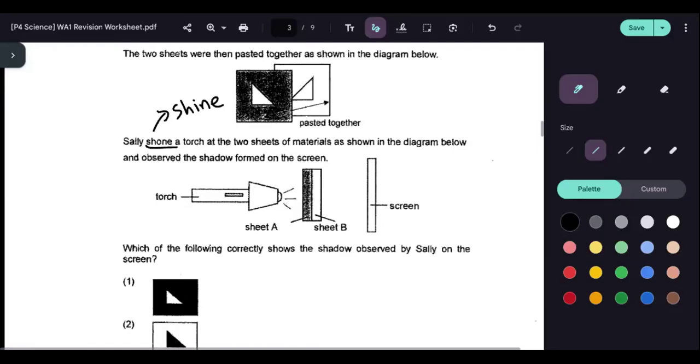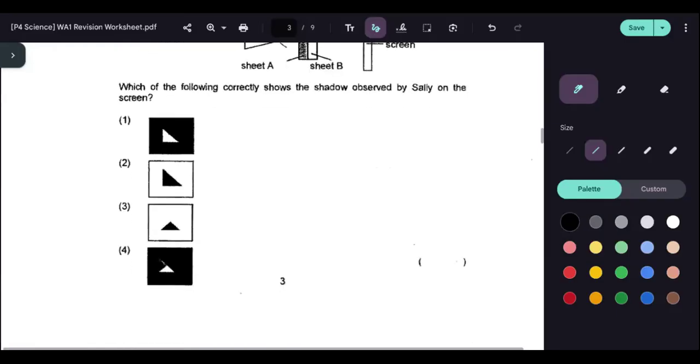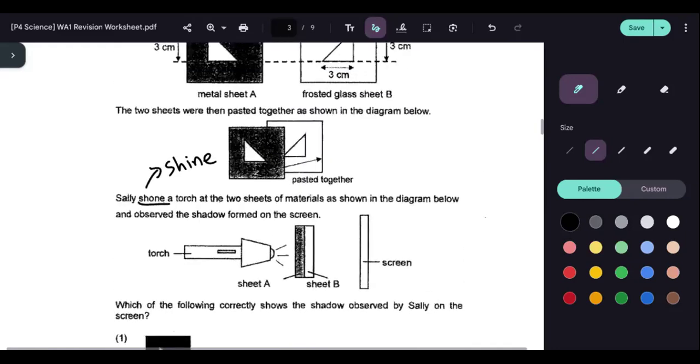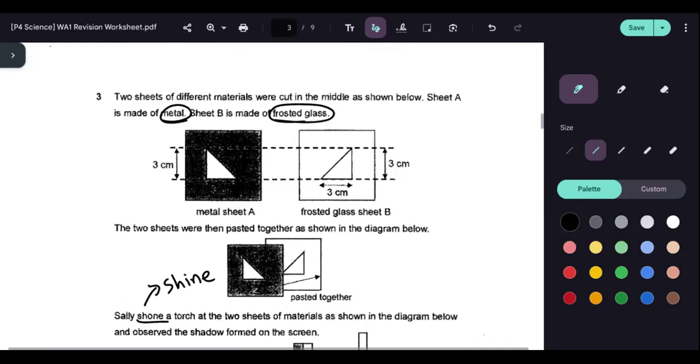Okay, everyone must know that whenever you have a black sheet, because this is metal, metal is opaque. Okay, you all write down opaque. Frosted glass is translucent, meaning to say it's not fully transparent, so there will still be light.